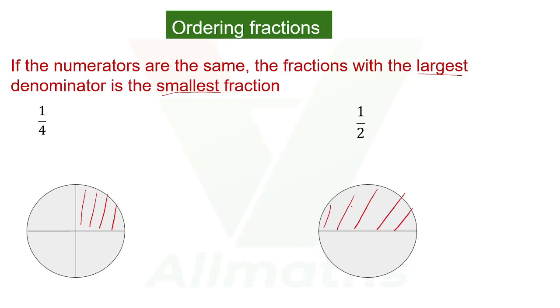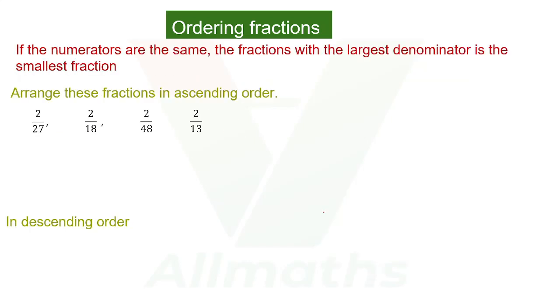So you agree with me that the one shared with just 2 people will be bigger than the one that was shared into 4 parts for 4 people. So that explains the rule that if the numerators are the same, like we have here, 1 and 1, the fraction with the largest denominator is the smallest, meaning that 1/4 in this case is less than 1/2.